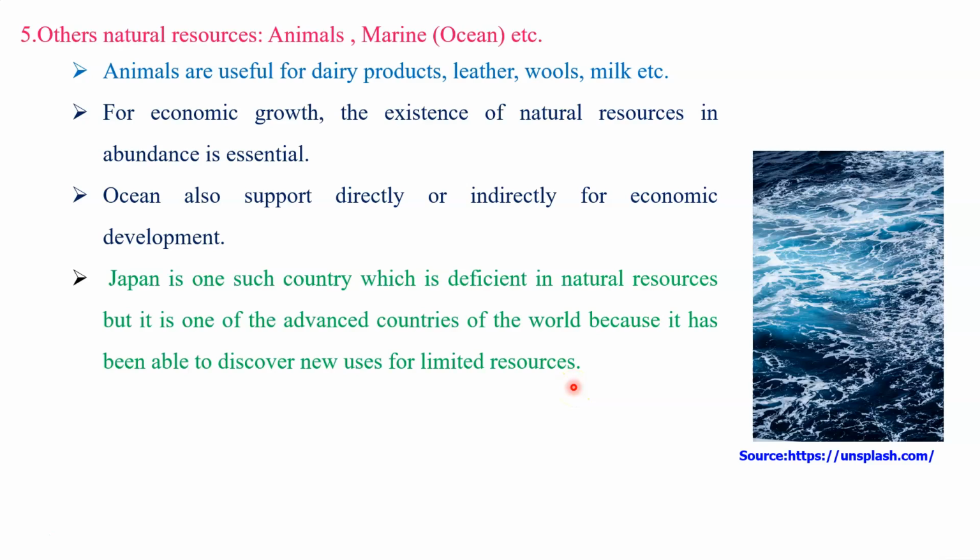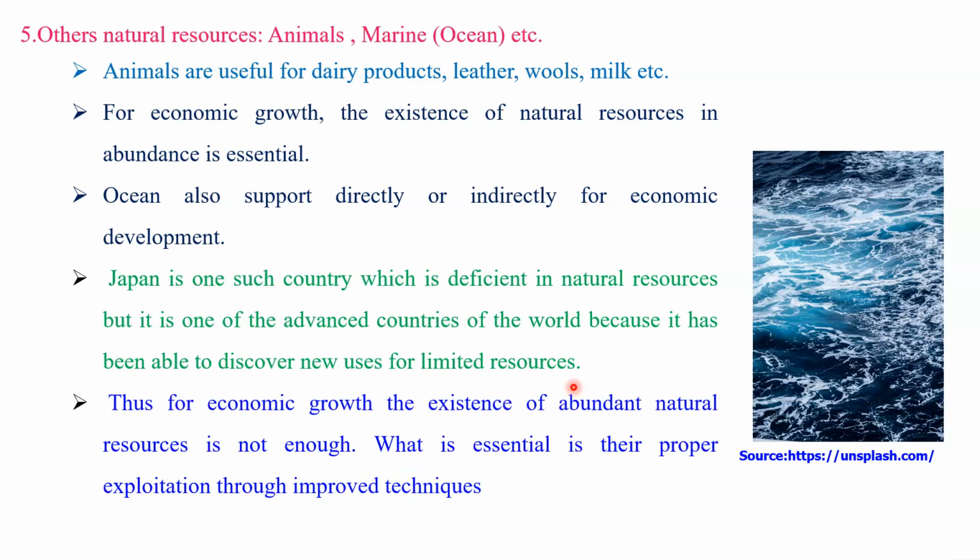This is an ideal example, because Japan doesn't have too many natural resources, but whatever it has, it makes optimum use of with the help of technology. On the other hand, we have a number of countries in Africa where the availability of natural resources is very high, but technology is not there. They do not use their potential. Therefore, the economic development of those countries is not much.